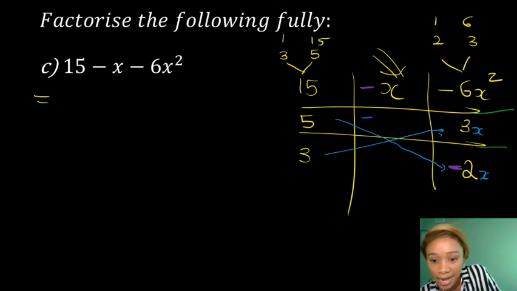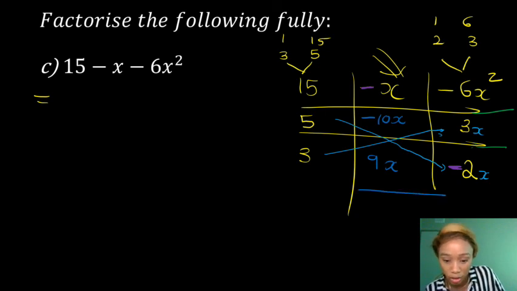It gives me negative 10x. And then 3 times 3x gives me 9x. And when I add this and that, it gives me what I have at the top, correct? It gives me negative x, right?